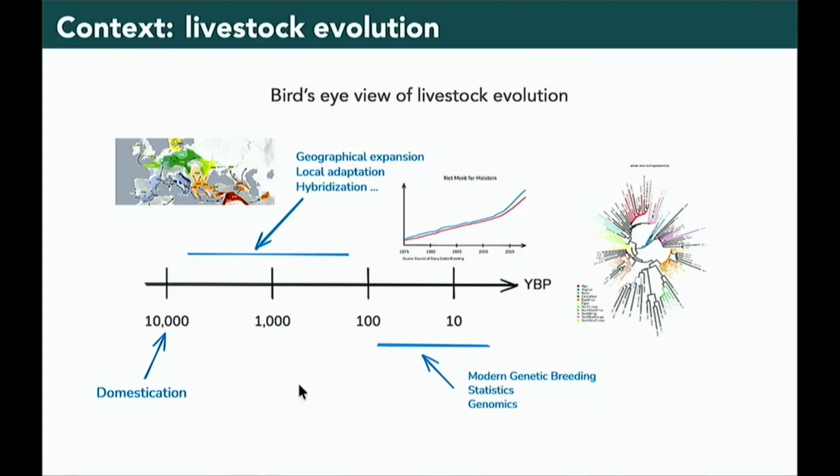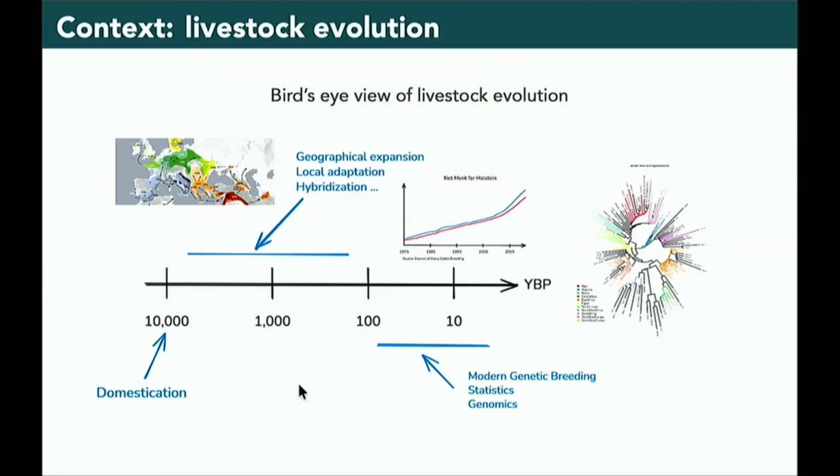Through all this history, what we have today is a very wide genetic diversity in these species. What you have on the right is a bit small, but it doesn't really matter. It's a sample of goat populations that has been sampled through most of the world. We are missing a large part of Asia in this project, but you have Europe and Africa.